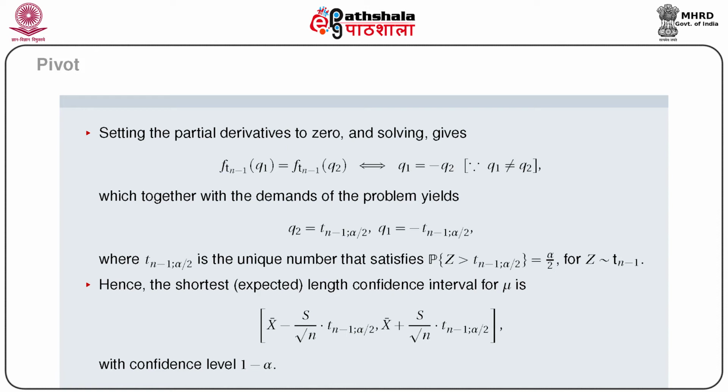Hence the shortest length confidence interval for mu is given by (X bar minus t alpha by 2, n minus 1 into S by root n, X bar plus t alpha by 2, n minus 1 into S by root n). Here X bar denotes the observed value of the sample mean and S denotes the observed value of the standard deviation.